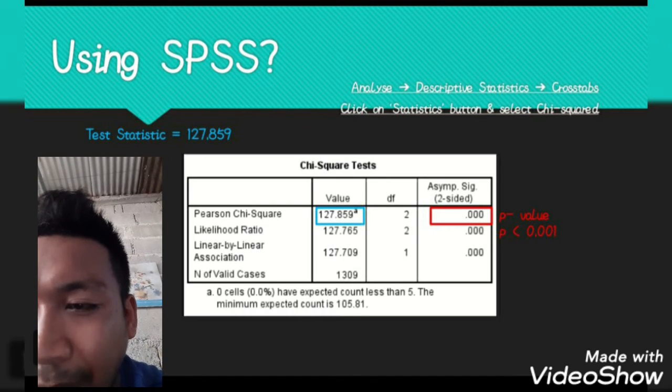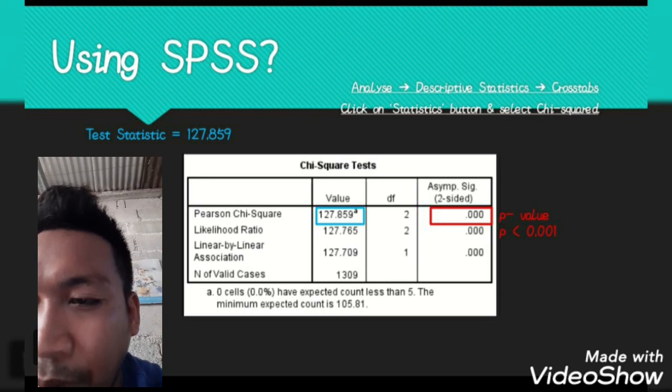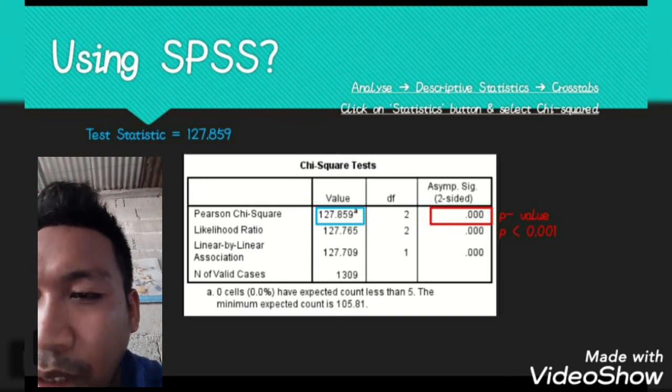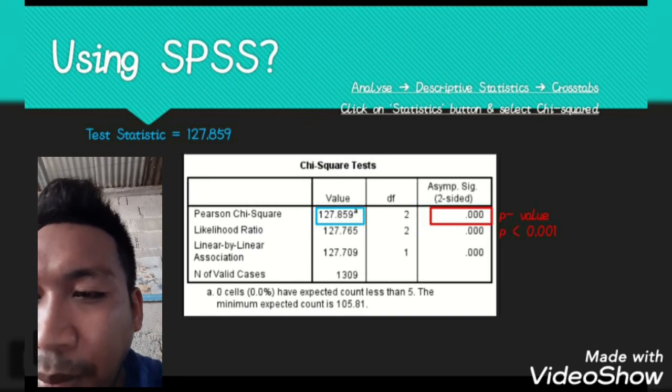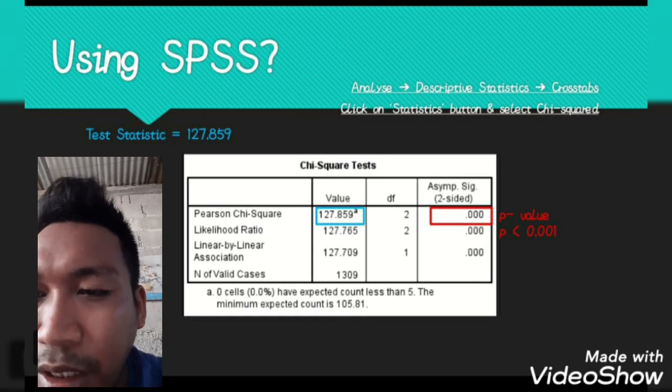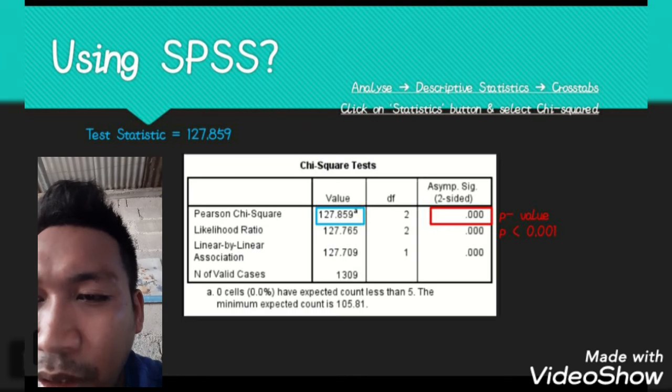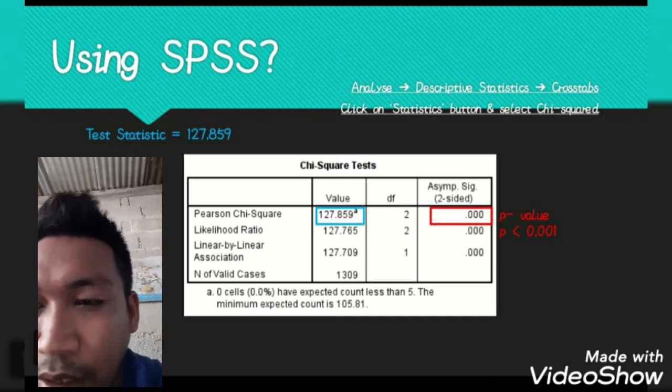The first value is 127.859, then 100.27.765, then 100.709 for the association, and N of valid cases is 139. Then the DF is 2, and 1 at the bottom.